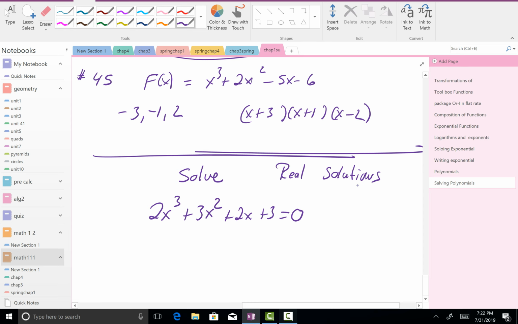How are we going to find the real solutions? What are we going to do? Graph it. What are we going to look for? X-intercepts. Yeah, see how it's the same thing? That's all you're doing. So you're going to graph and find the x-intercepts. Type it in. Let me know what you find for the x-intercepts.